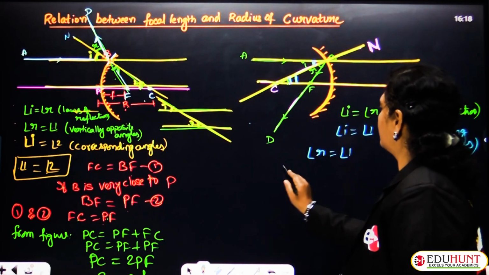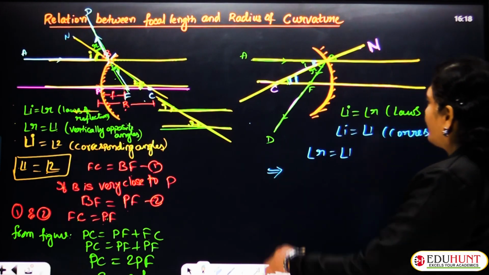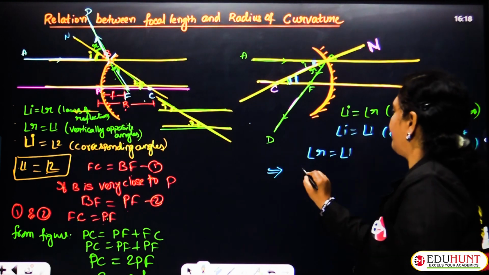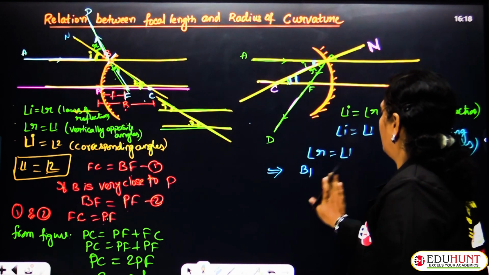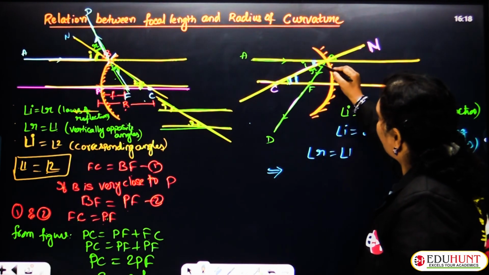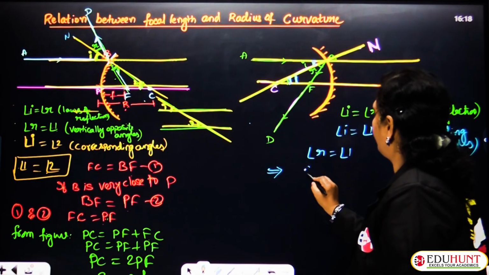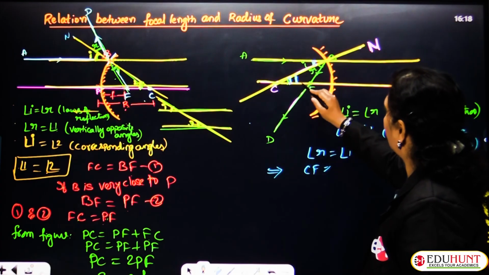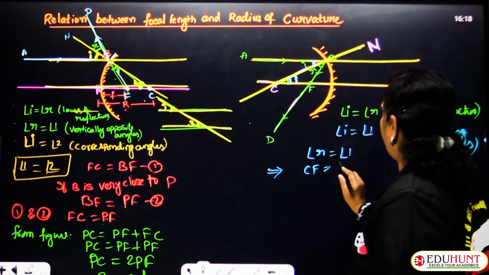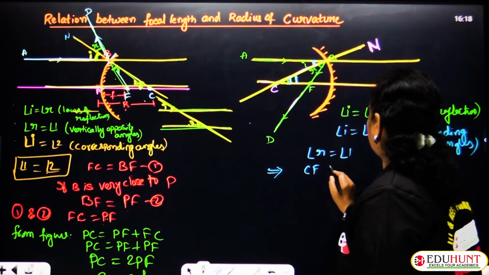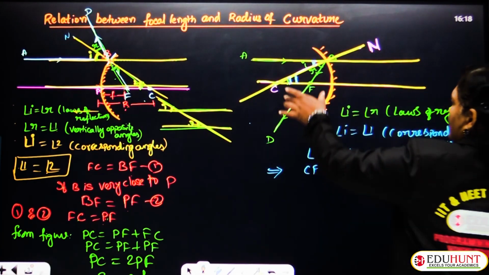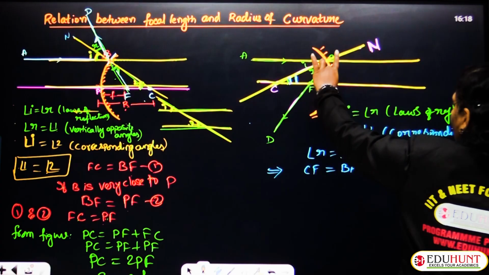The opposite side for R is CF and the opposite side for 1 is BF. So CF must be equal to BF.